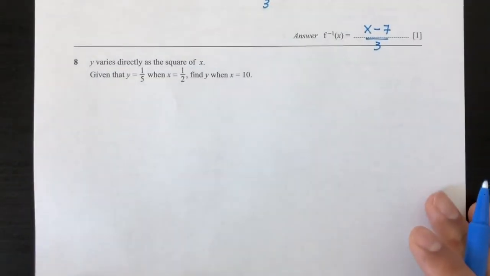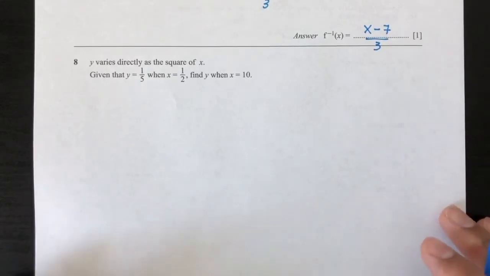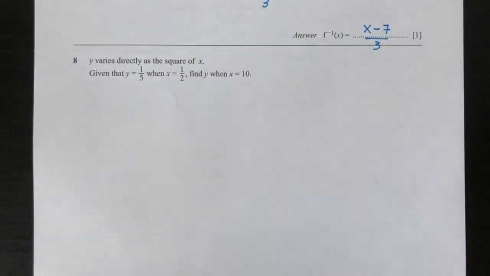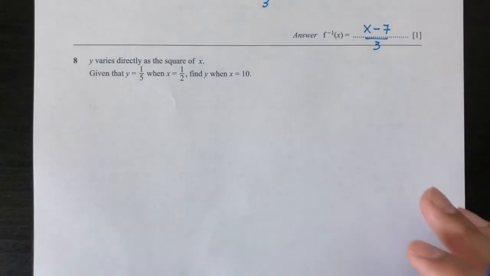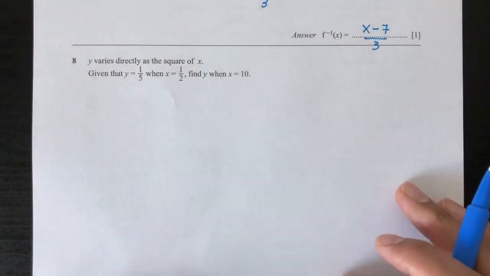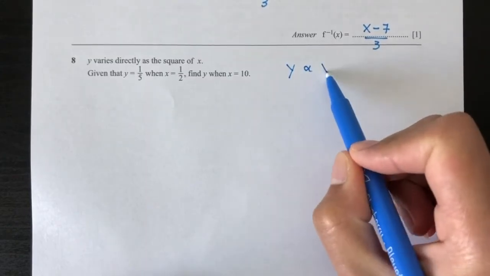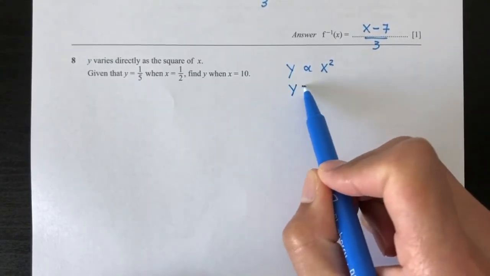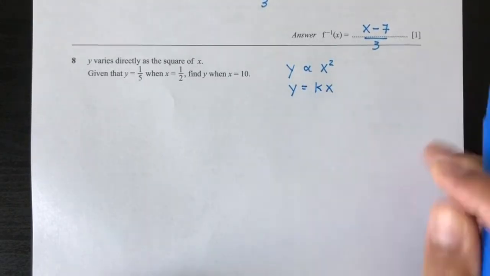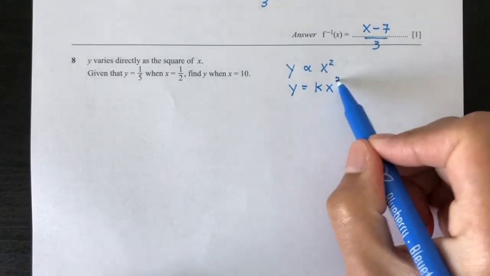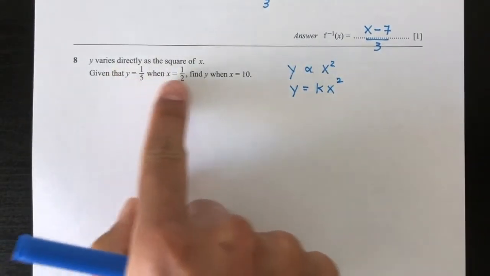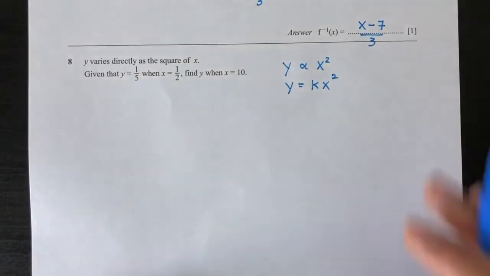Now for question number 8, y varies directly as the square of x. So you have to be able to form your equation from this information. What does that mean? y varies directly as the square of x, which means y is equal to k x squared. Now we have been given two values here to find the value of k.